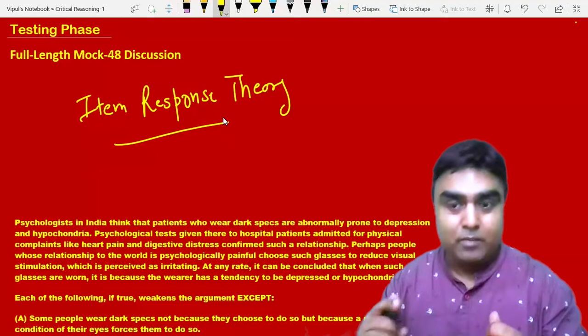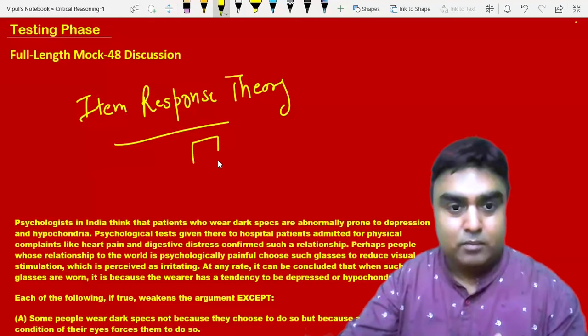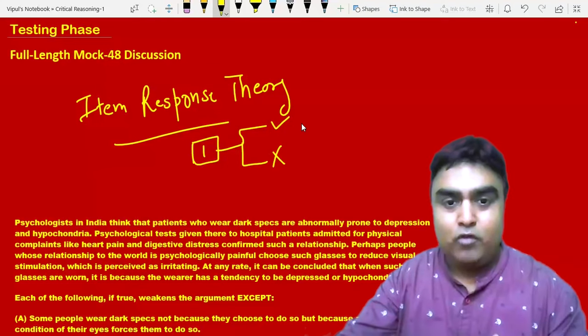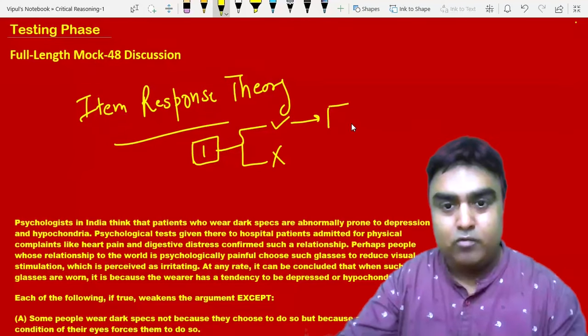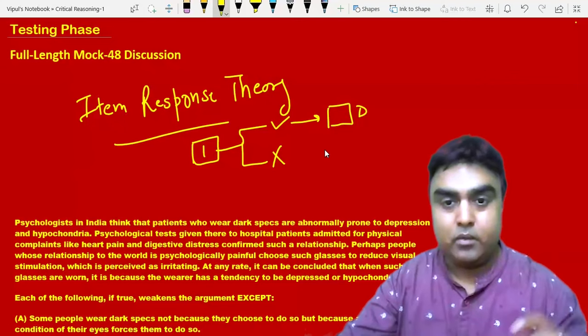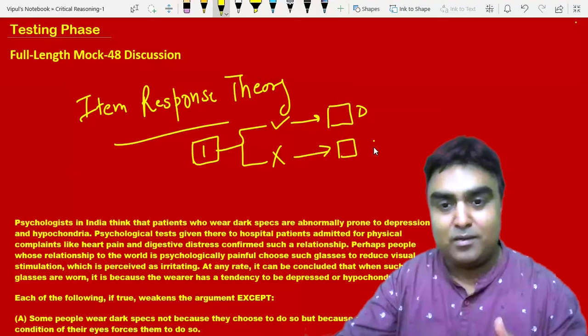So in adaptivity, let's say a student is attempting question 1, and a person can mark it correctly or mark it wrong. If you mark it correctly, it will take you to a more difficult question. If you mark it wrongly, the test will take you to a simpler question.